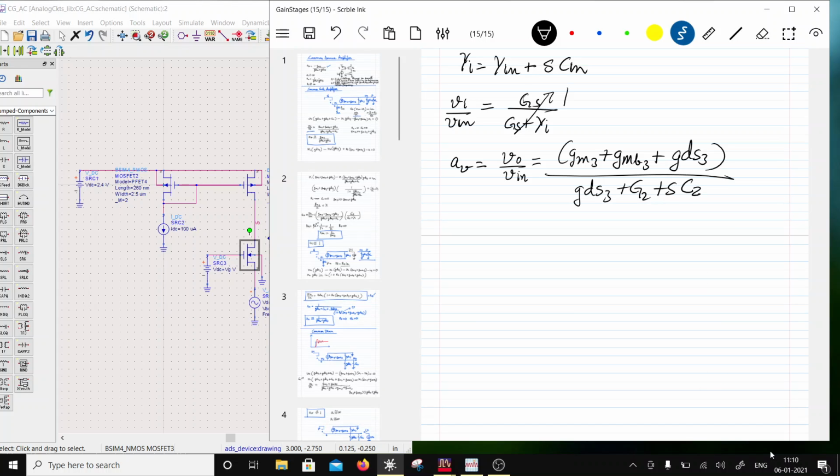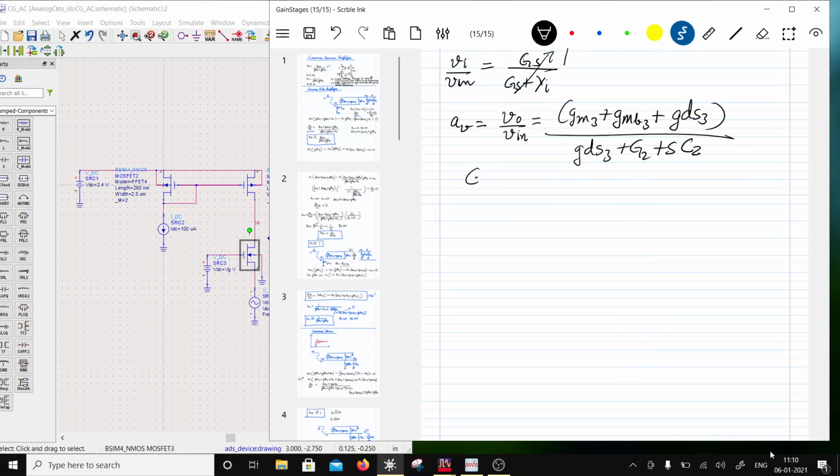Now if I assume that GL is equal to 0 because RL equal to infinity, no loading at the output, then G2 would become GDS2 only.